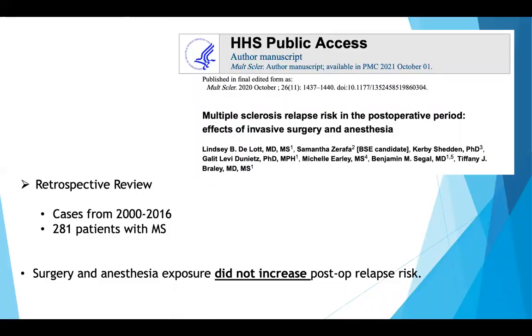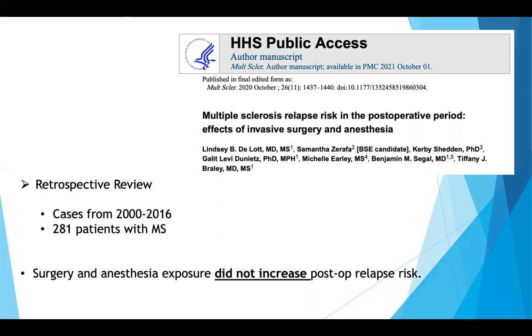A recent retrospective review by Delott et al. looked at the relapse risk in the postoperative period, and they looked at the effects of invasive surgery and anesthesia. This review was performed in 2020.